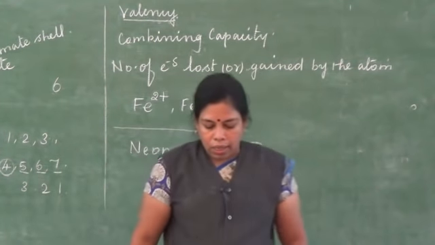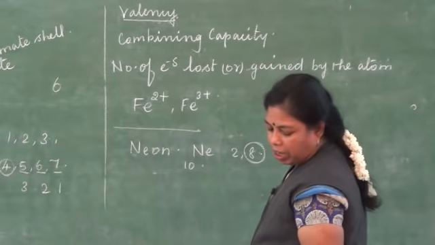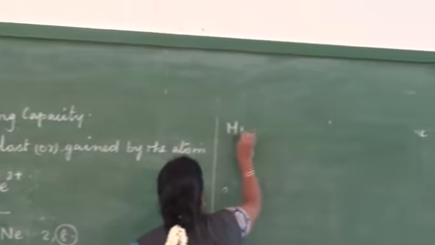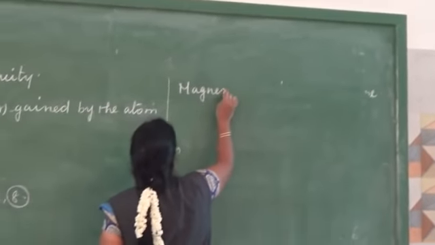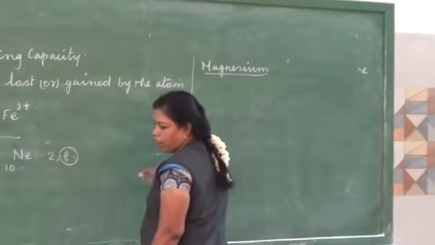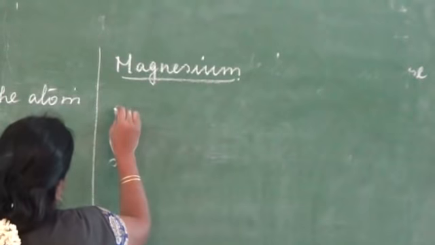And then, how to find out the valence of magnesium? We know that the atomic number of magnesium is 12.